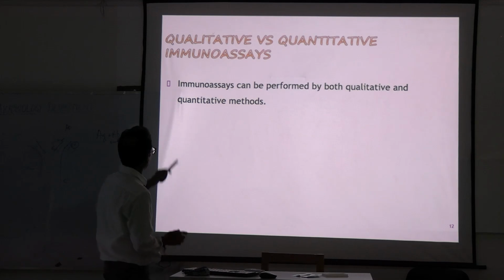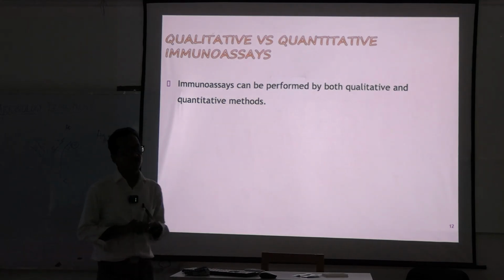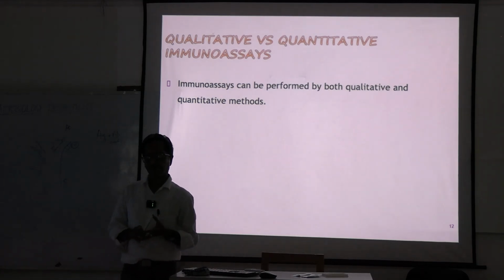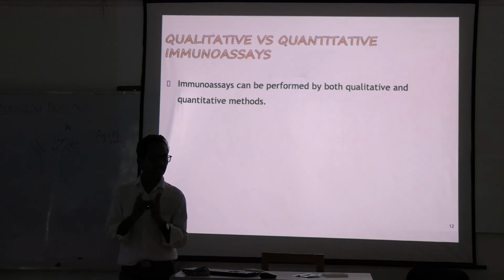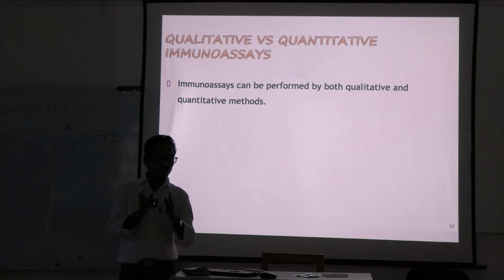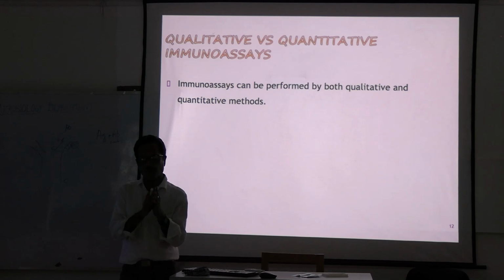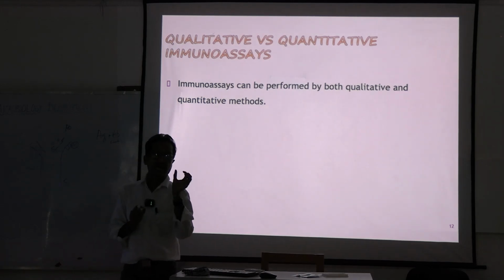Both qualitative and quantitative. What do you mean by qualitative and quantitative? Qualitative means either yes or no, whether antigen-antibody reaction has taken place or not. Quantitative means you have to go for serial dilution, and up to which dilution it becomes positive.